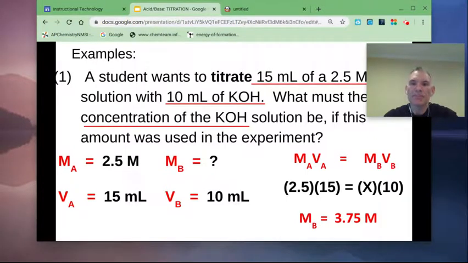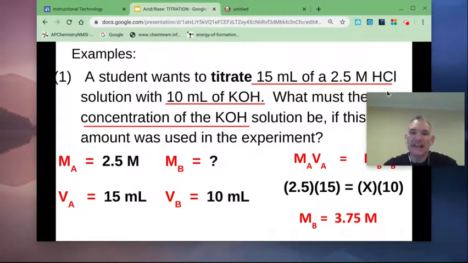When we do these concentration and titration problems, we can make sense out of them as well, because HCl is a very strong acid, and KOH is a very strong base. One H, one OH makes it strong. We learned that earlier in the lessons.